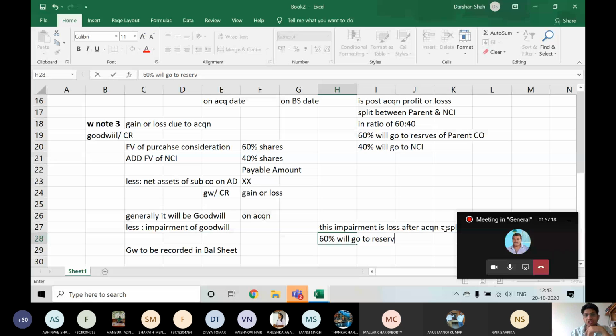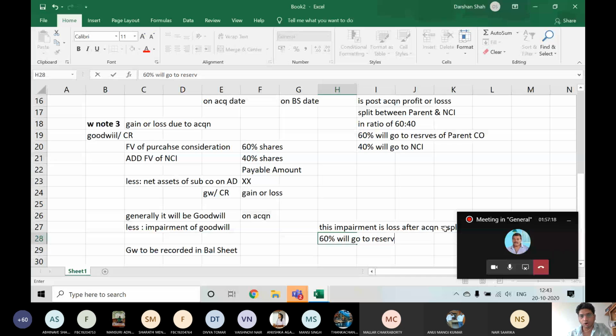At acquisition date, equity can be so and so, and on balance sheet date, equity can be different. Share premium can be different. OCE can be different. अगर ये सब सेम है, if both these columns are exactly same, pay attention ना, मेरा पोस्ट एक्विजिशन प्रॉफिट और लॉस आएगा ही नहीं ना, जीरो हो जाएगा. करेक्ट. और it can also be these are all same.